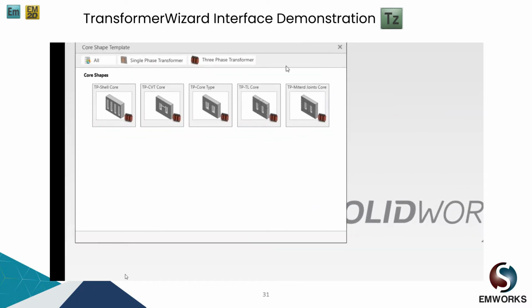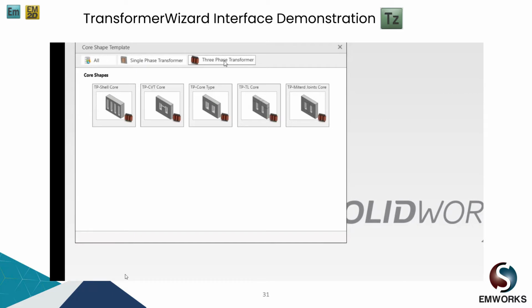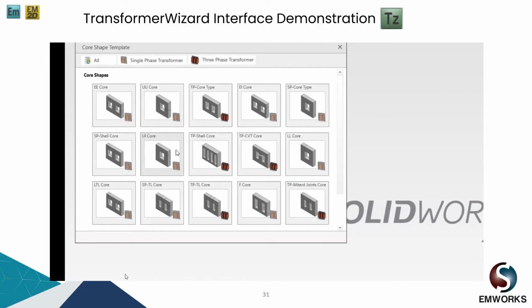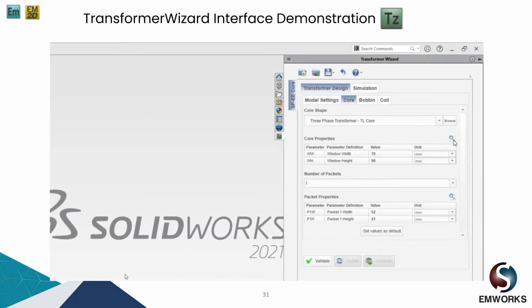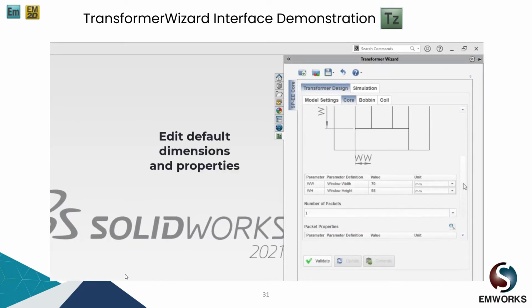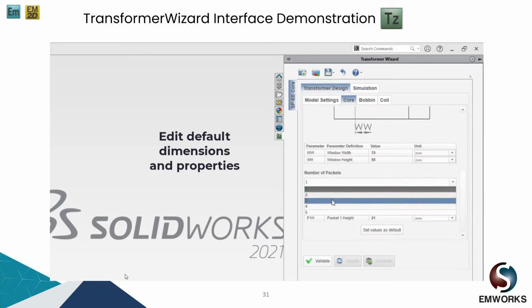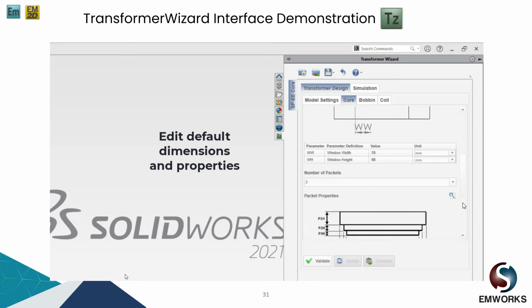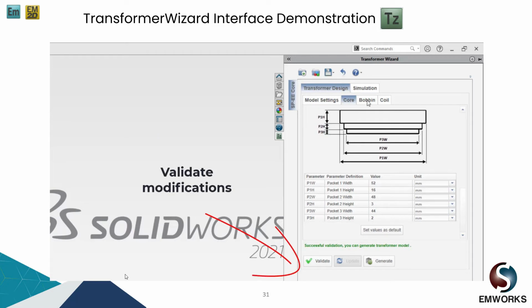You browse the core type here. We have several core types, and you choose one of them. There are gapped cores as well. We have some preview images. Then you edit some dimensions, properties, and parameters, and then you validate the core.